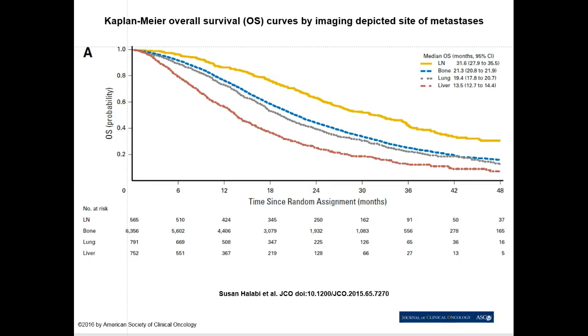And it's quite clear to see that patients with lymph node metastases do better than patients with lung and liver disease, and that liver disease patients in particular do badly, and we know that thus liver disease patients often get treated with chemotherapy if they are fit.